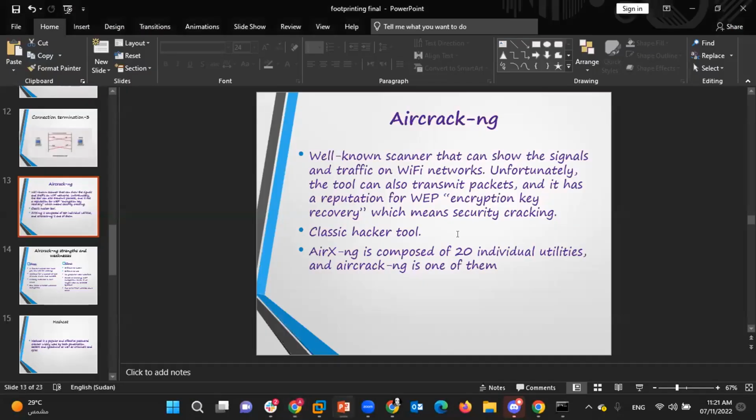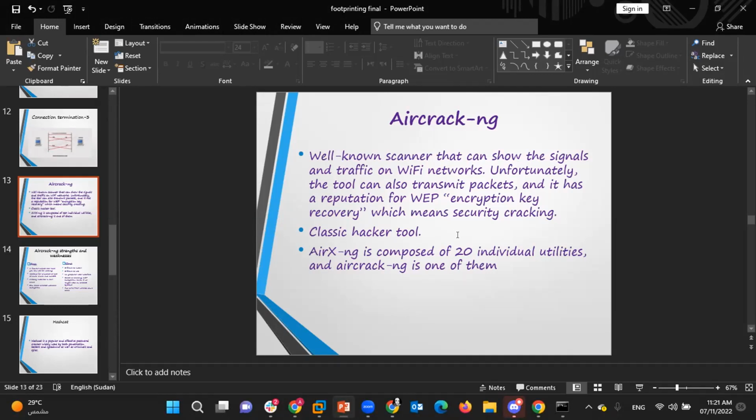Okay, by the way, we have many types of air tools: Airbag, Aircrack, and others I don't remember, but with air dash ng, we call that Aircrack-ng. Aircrack is a well-known, common scanner that can show the signal and traffic on Wi-Fi networks.